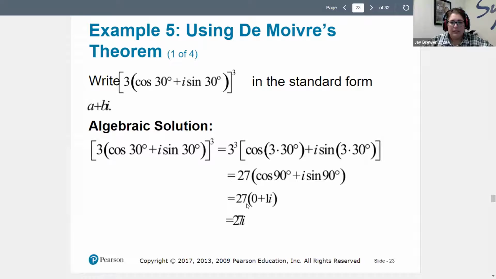So then you get 27 times the quantity cosine 90 degrees plus i sine 90 degrees, which just ends up giving you 27i. If you're doing it on Pearson, they probably want the final answer. If you were doing it for me on a test and you liked leaving it at the second to last step, I would accept it.